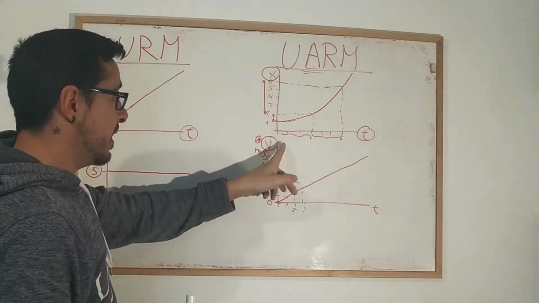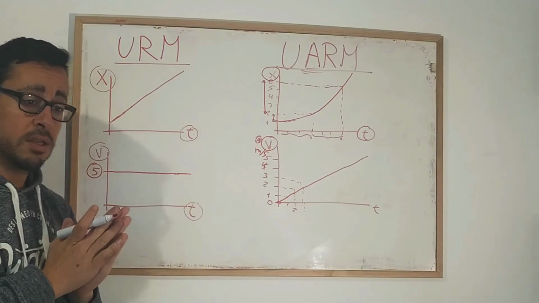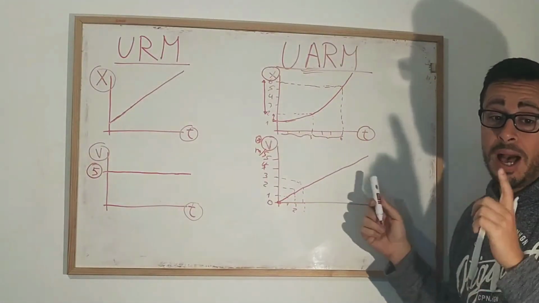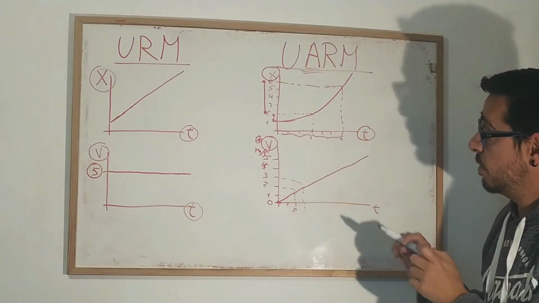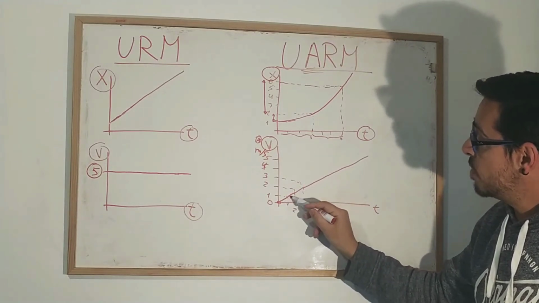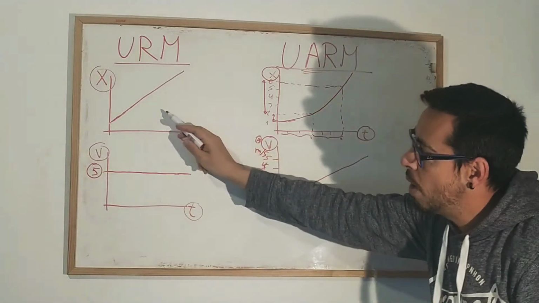So I want you to take care of the graphs. It's really important that when you see this graph, you take a note of this please, because it's probable that you make a mistake and think that this graph is this one.